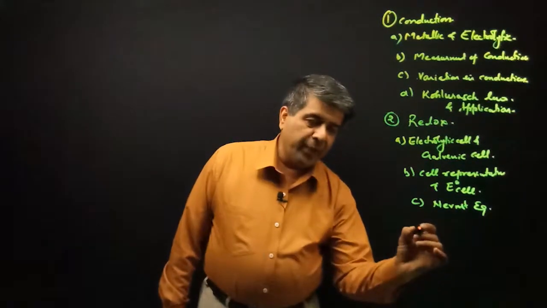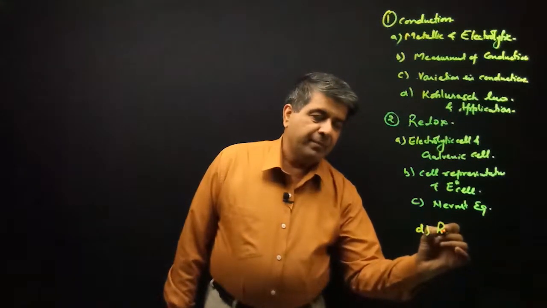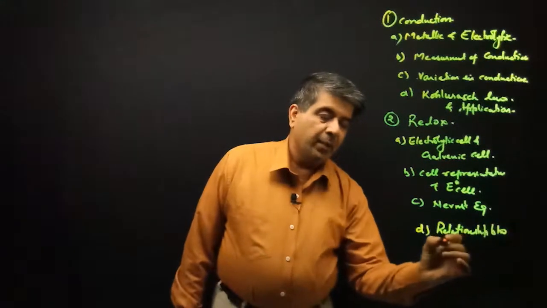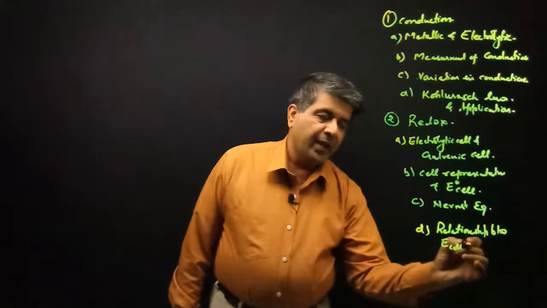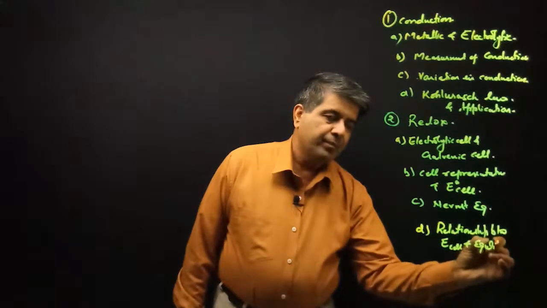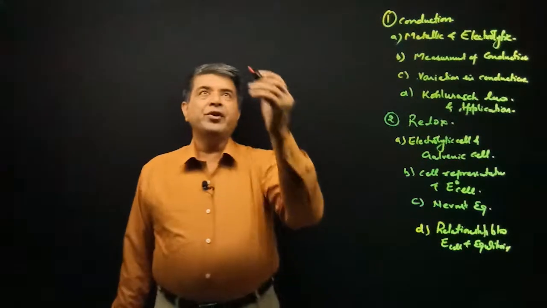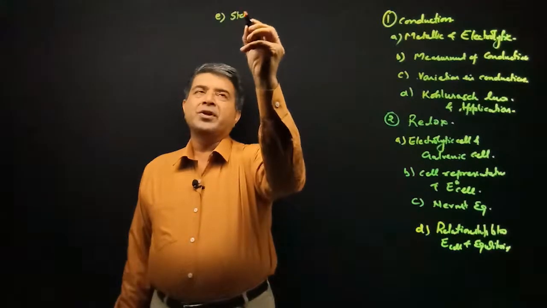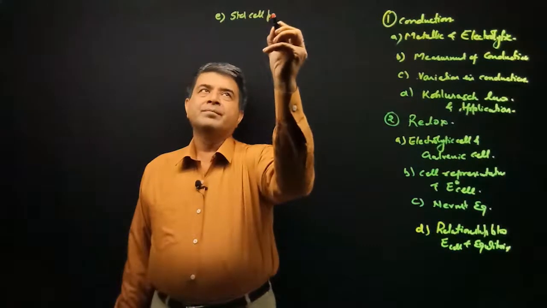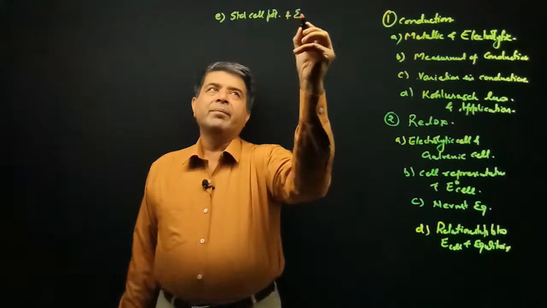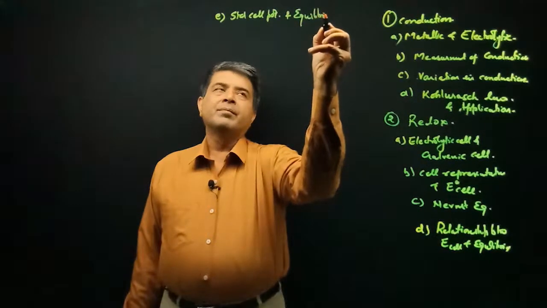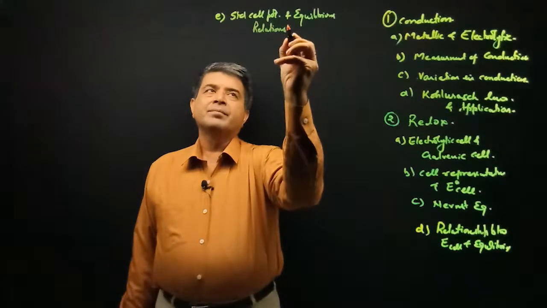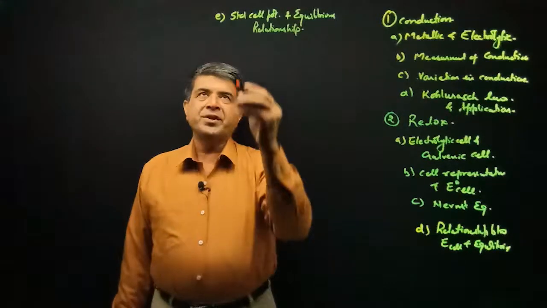And the fourth video would be the relationship between E cell and equilibrium. And the fifth video would be standard cell potential and equilibrium relationship using the Gibbs-Helmholtz equation.